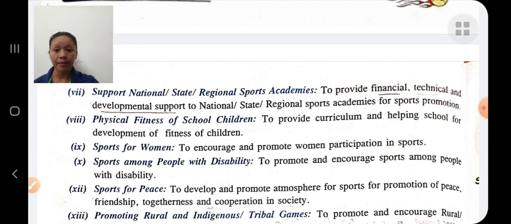Sports for women: it also encourages and motivates women to participate in sports.